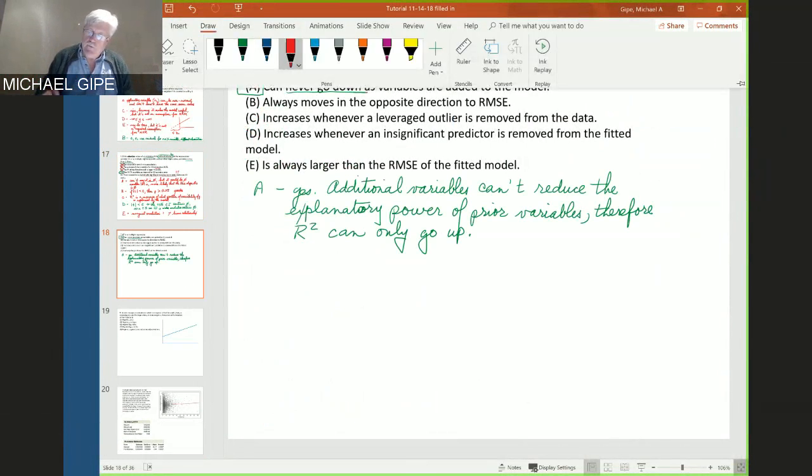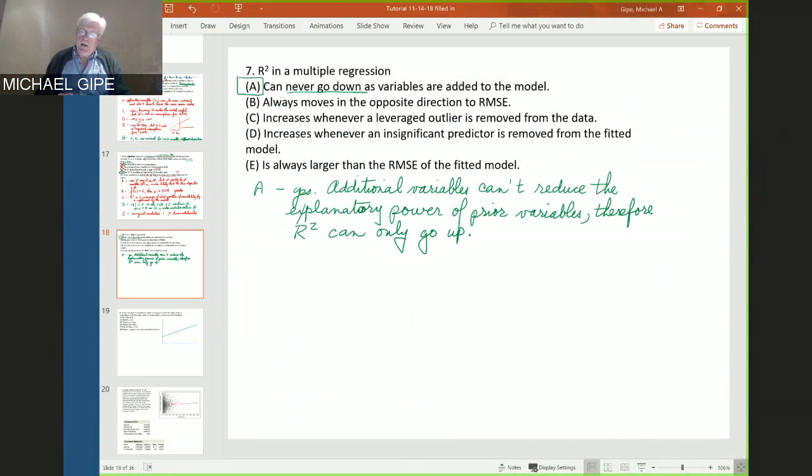Okay, let's look at the other answers, which are wrong. R squared in a multiple regression always moves in the opposite direction to RMSE. A little bit tricky.